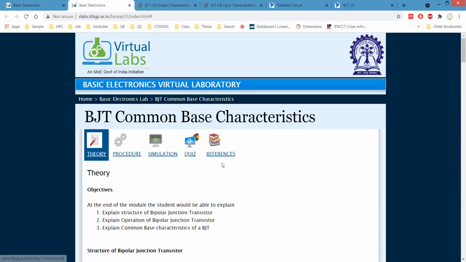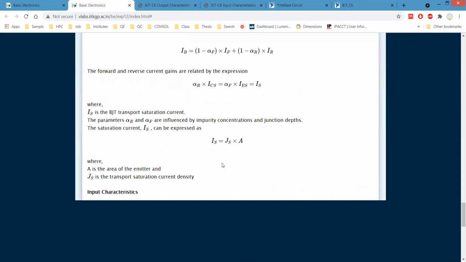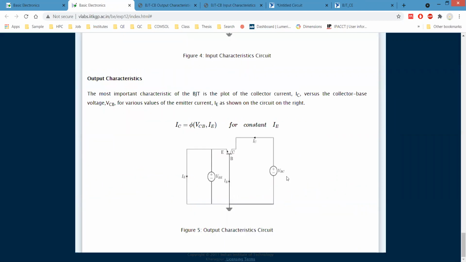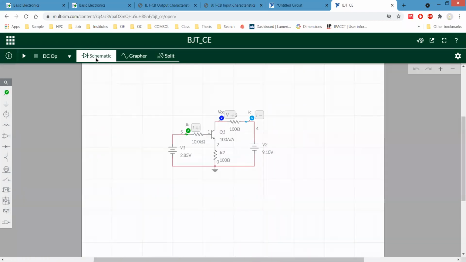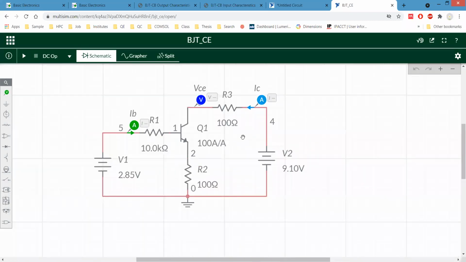If we follow the circuit diagram that was given here, we have done accordingly. Now the circuit is visible to you. Only the schematic is required. This was the common emitter circuit. Is it visible to you? Yes, sir.